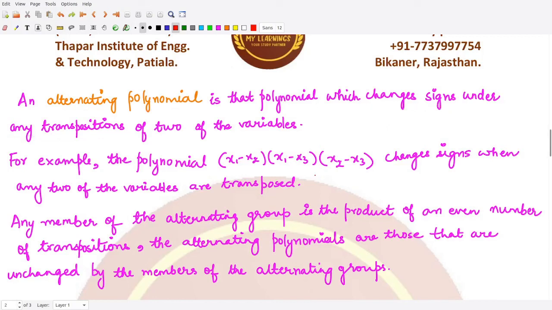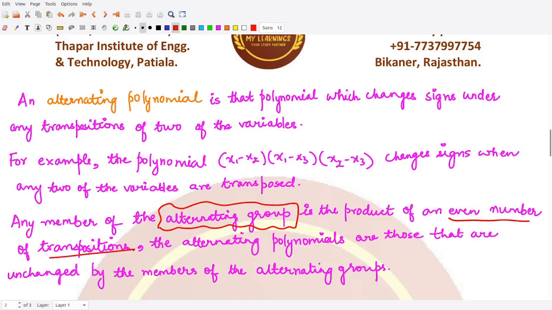Now, how does the name alternating group arise? That is the question. For an alternating group, we take any member of this group. Because every member of this alternating group is also a permutation, it could also be decomposed into two-cycles. In fact it could be decomposed into an even number of two-cycles, which are transpositions.